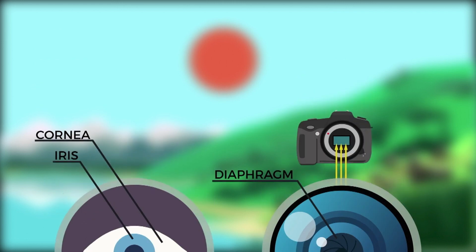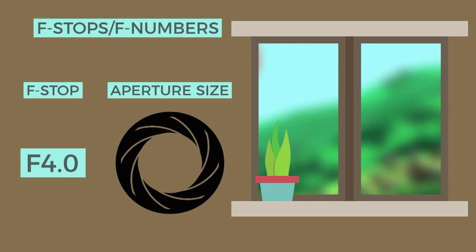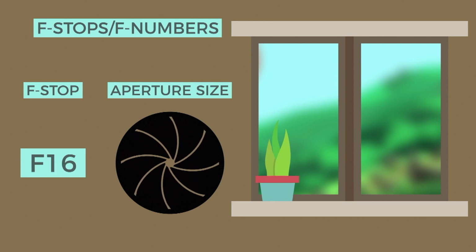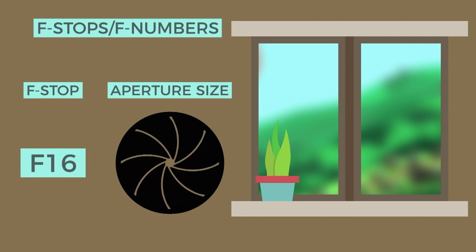In photography, aperture is expressed as f-stops or f-numbers. F-stops are a way of describing how open or closed the aperture is. A smaller f-stop means a larger aperture, while a larger f-stop means a smaller aperture. This can be tricky to remember because larger f-stops mean smaller aperture sizes.